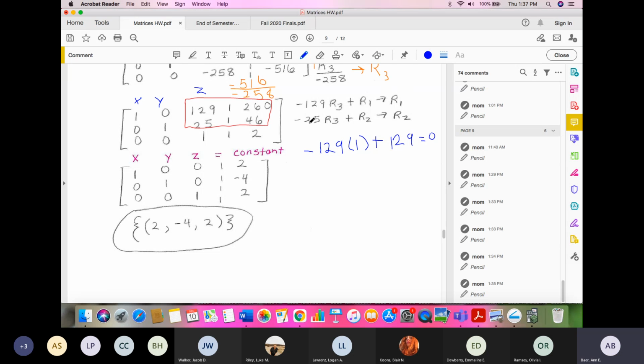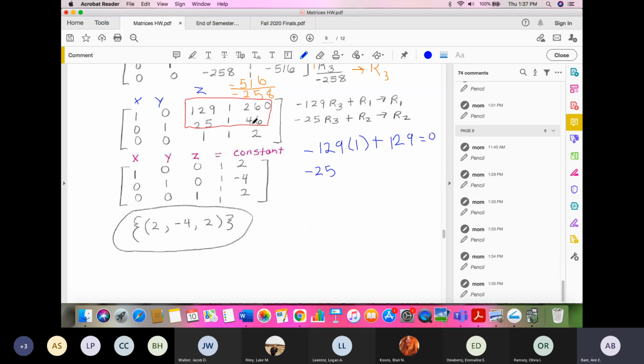Now let's do this row operation. Negative 25 times row 3. Oh, I forgot to do it over there, we'll go over there and do those too. We're working in the same column though, so let's keep working in this column.